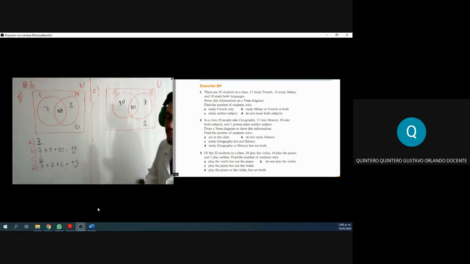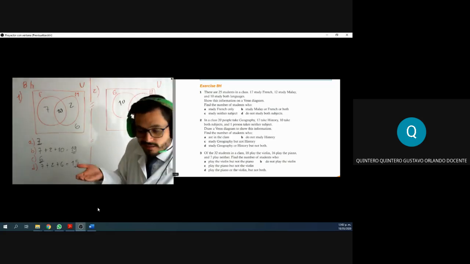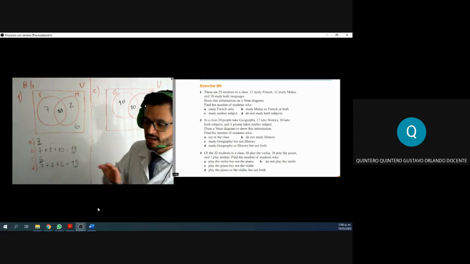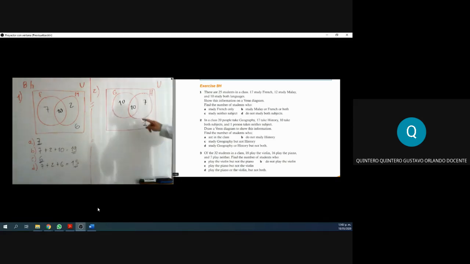Now, if I did this information correctly, I should have the total amount of people. But we don't know the total amount of people in the exercise because the exercise is not giving us that information. It just says 20 people study geography, 17 take history, 10 study both, and 1 studies none. We don't have the total. But if we add, we will have the total, right?